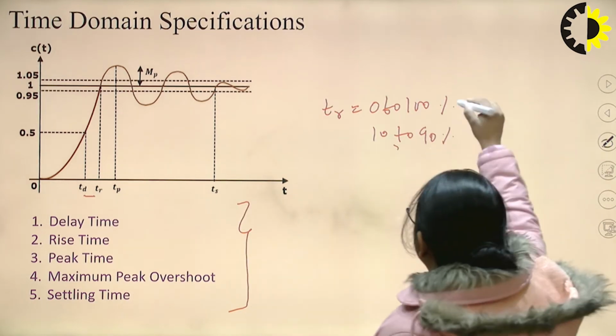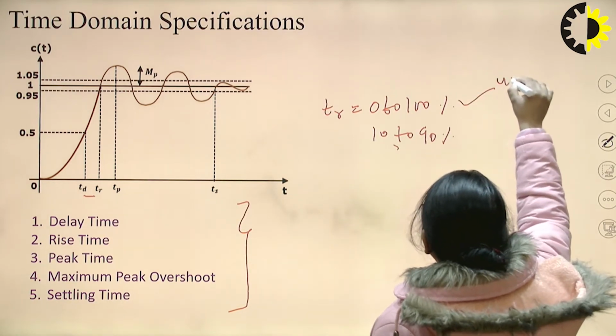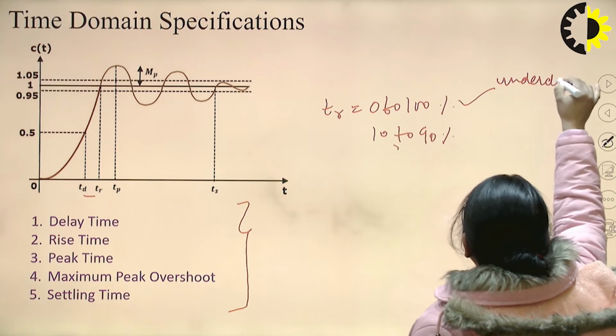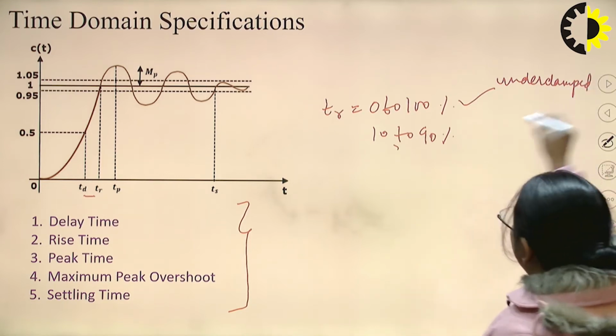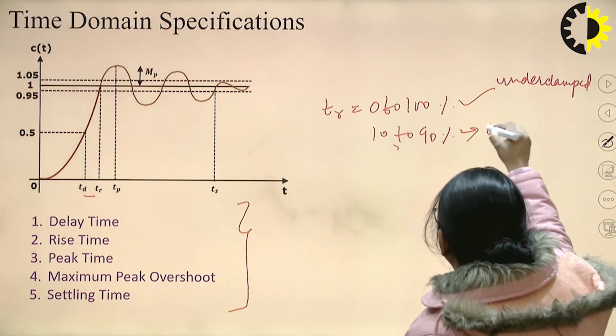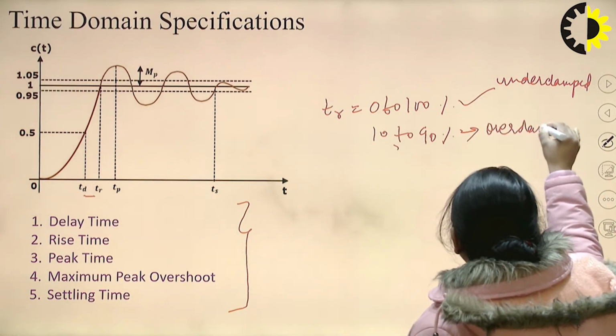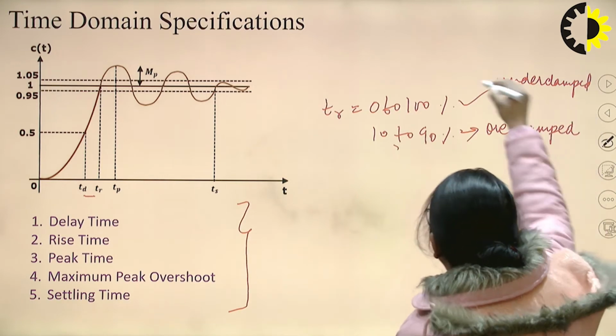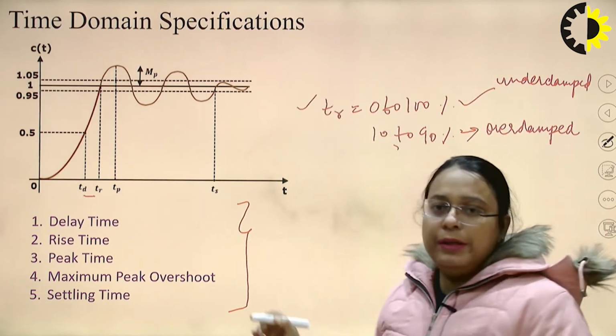So this 0 to 100% is generally for the underdamped case, and this 10 to 90% basis will be for the overdamped case. So we'll go here for the underdamped case, right?